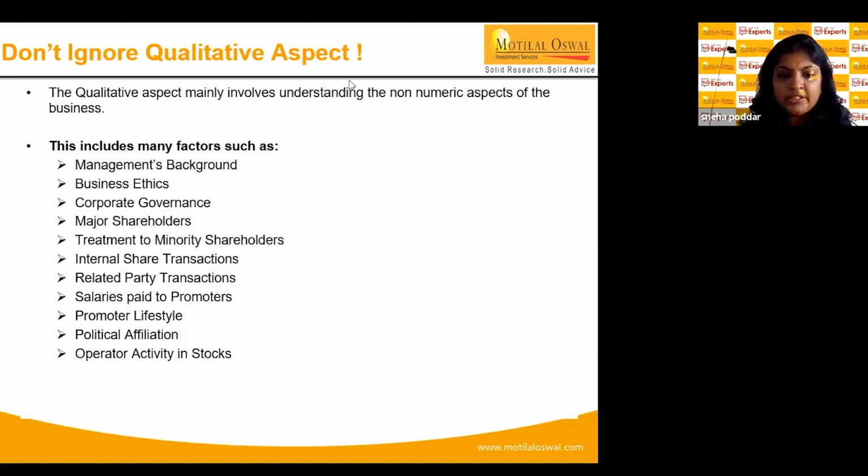Then the next question is, we have already mentioned where you can get the industry wise ratio. So how to identify a fudged balance sheet? See, in this, first you'll have to look at the management background, and secondly, look at the third party transactions, and carefully study the cash flow statement.